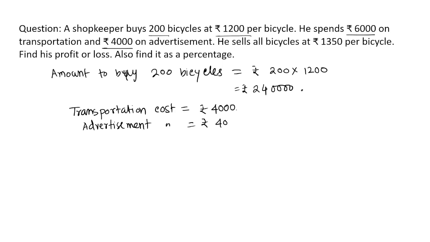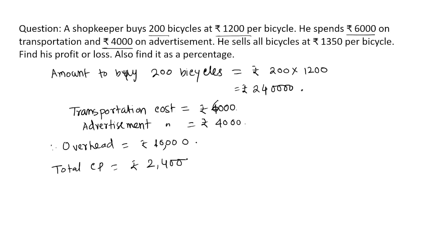So the total overheads equal rupees 6000 and 4000, that is 10,000. So the total CP now becomes rupees 2,40,000 plus 10,000 for the overhead, and that becomes rupees 2,50,000.